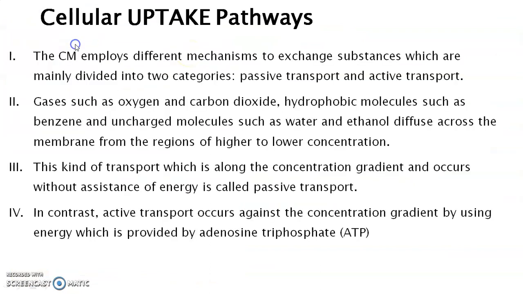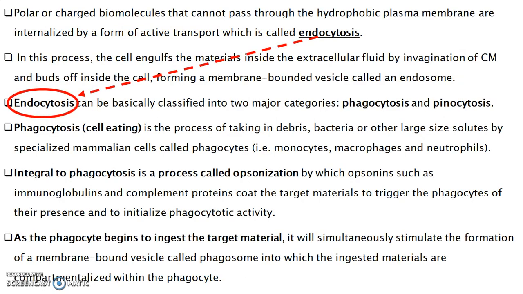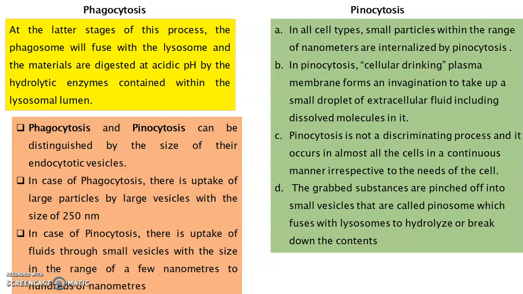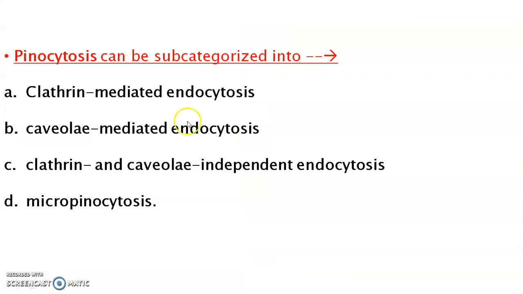To round up, the cellular uptake process is composed of pinocytosis as well as phagocytosis, and there are particular differences between them. Pinocytosis is subcategorized into certain mechanisms: Clathrin-mediated endocytosis, Caveolae-mediated endocytosis, Clathrin and Caveolae independent endocytosis, and Macropinocytosis.